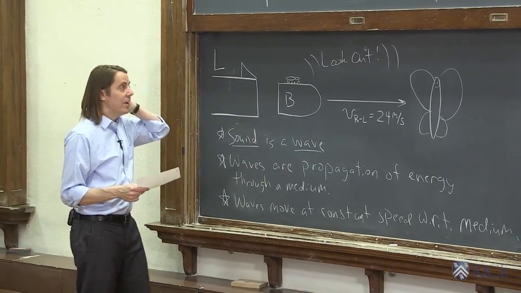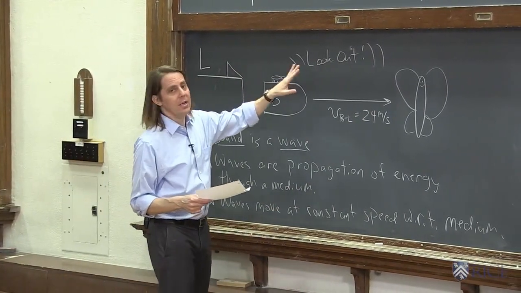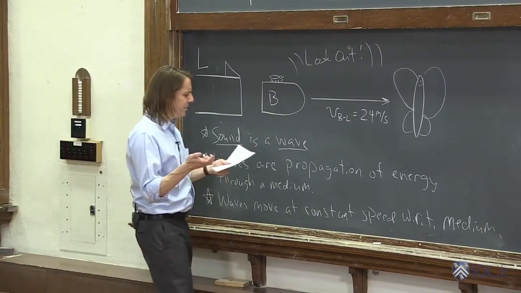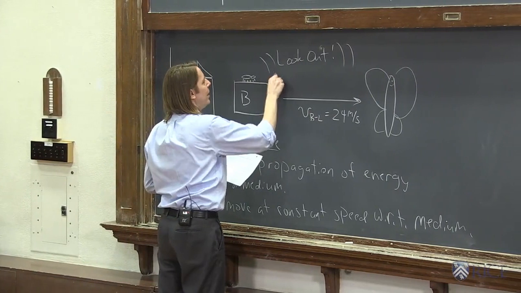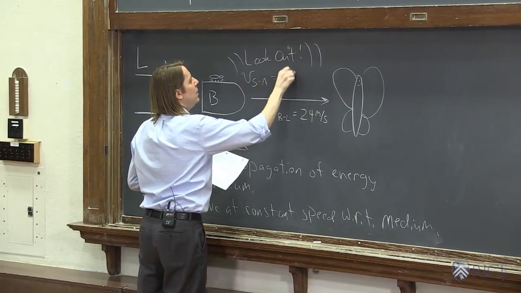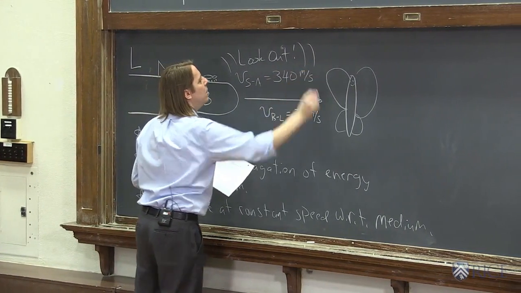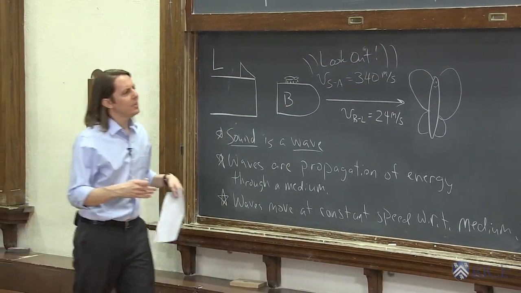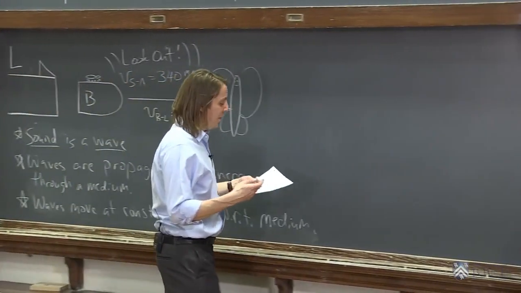So, as I said, sound is a pressure wave in the air. So it moves at a constant speed in the air. This velocity of sound in air, velocity of sound in the frame of the air, is about 340 meters per second.